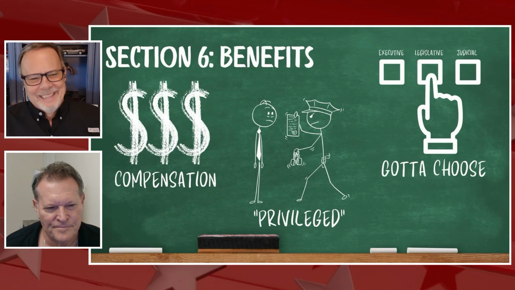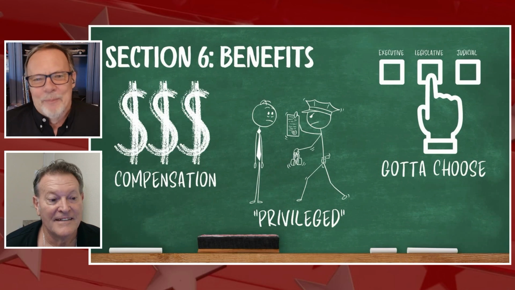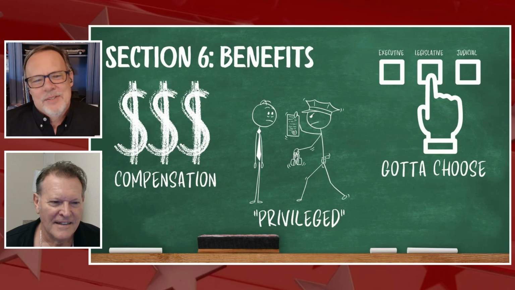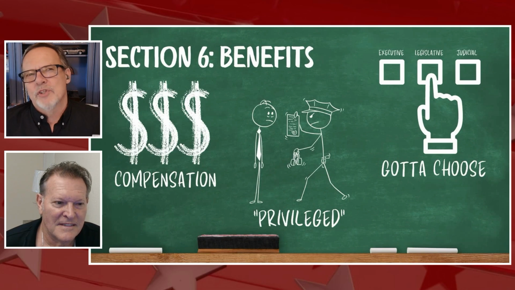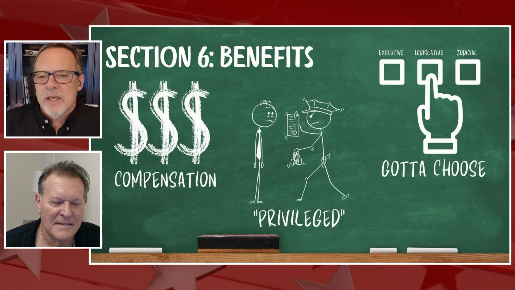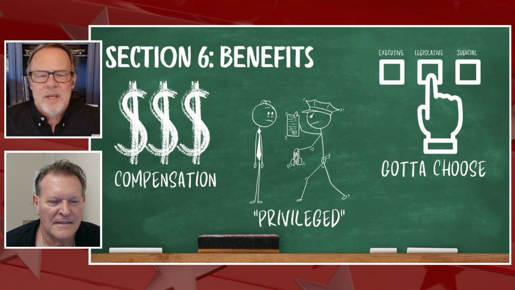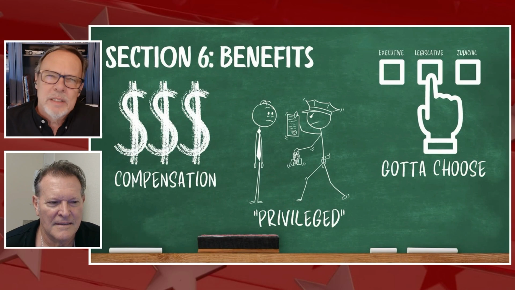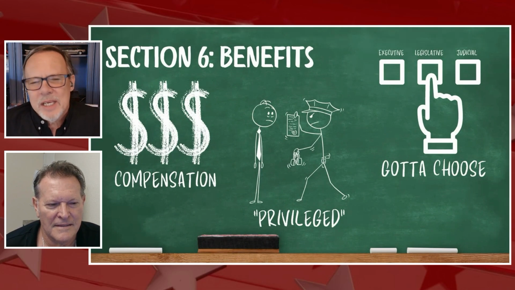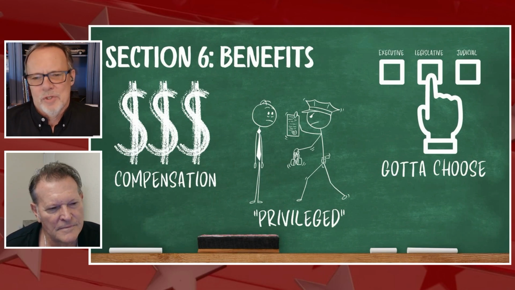So here's an interesting one. Also in Section 6, there's this concept of privilege. It's not quite as scary as it sounds, but what it boils down to is they have some reasonable, limited, understandable immunity from frivolous prosecution.